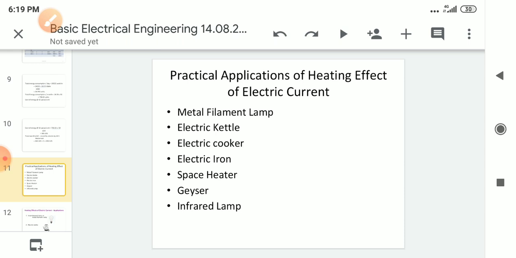So when the appliances are connected to the electric supply, a large amount of heat is produced in the heating coils because of the high resistance of the heating coils. The following are some of the common electrical appliances using the heating effect of electric current to convert electrical energy into heat energy.